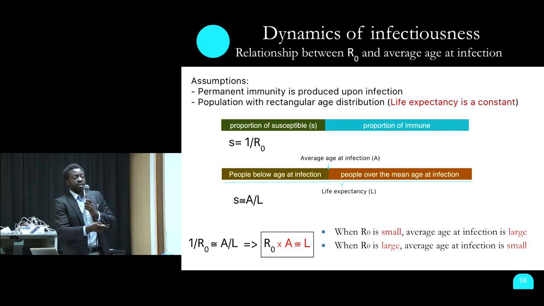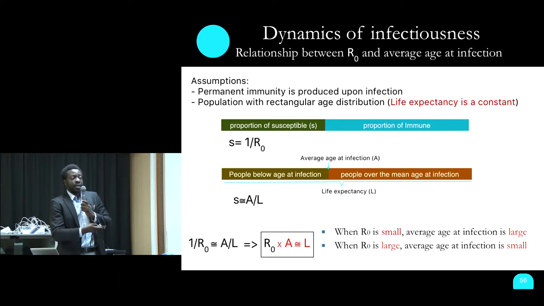So this is the overall life expectancy, and people get infected at some point, and we have the average age at infection. This is represented by the capital A. The proportion of susceptible is simply derived by doing A over life expectancy. There is some mathematical background below on how to arrive at this formula.